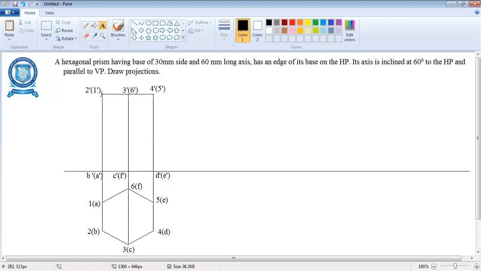Now the second step is we are going to incline the axis at 60 degrees to HP. For that, we are going to dot the diagram.